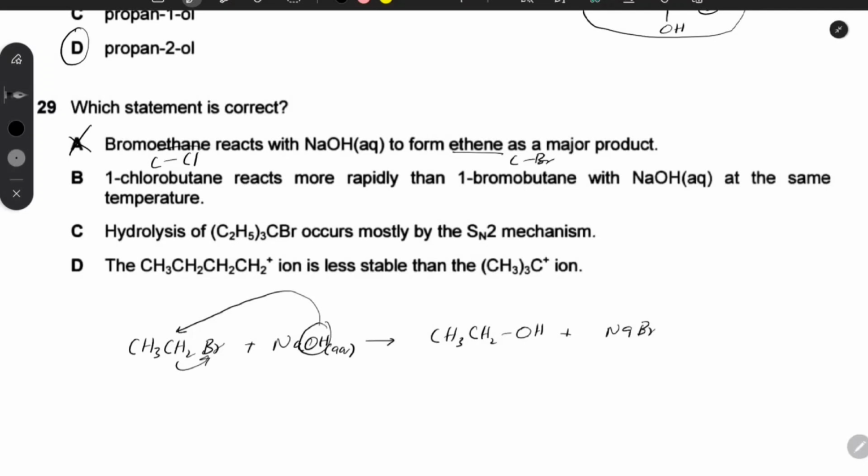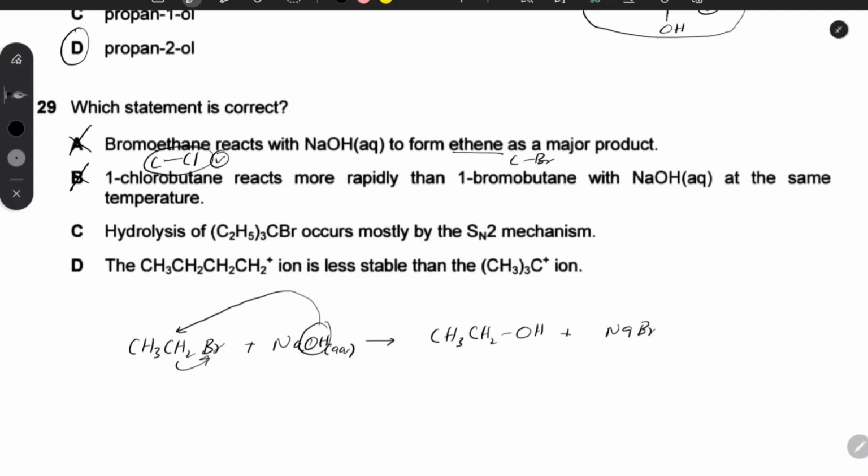This bond is comparatively stronger because chlorine is a small atom and the bond length between carbon and chlorine is small. That is why this bond is going to be stronger. So if it is a strong bond, it is difficult to break and it will take much more time. That is why this option is going to be incorrect.